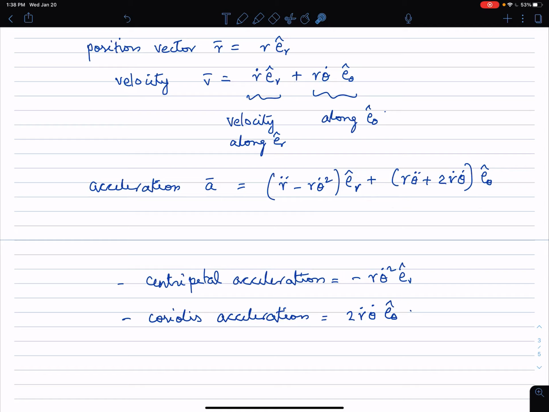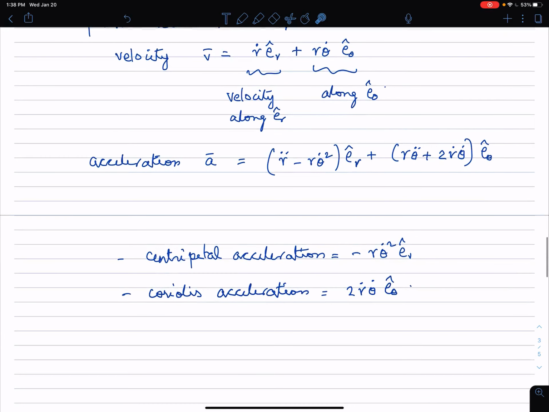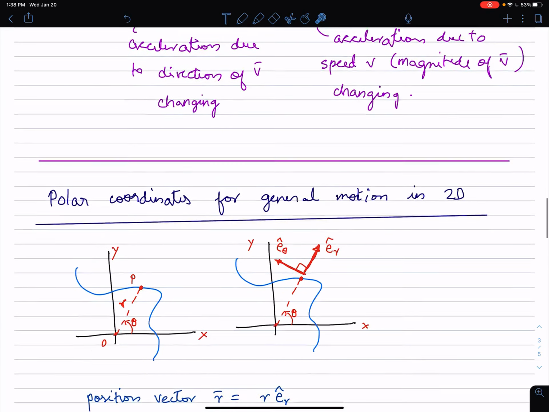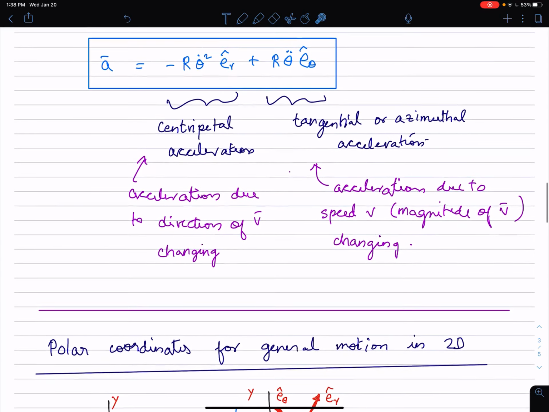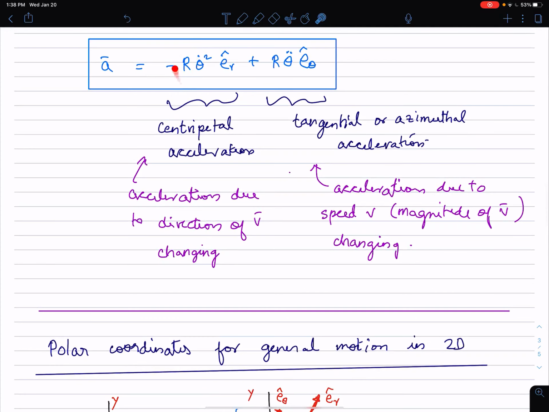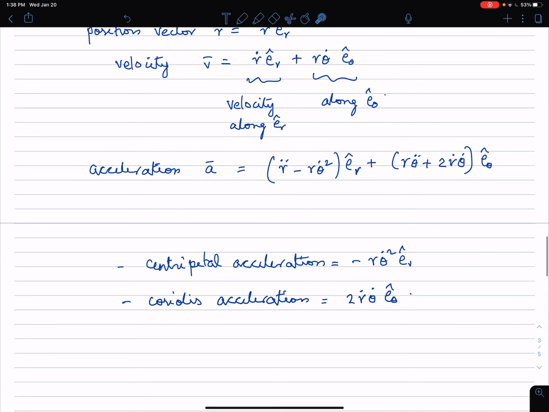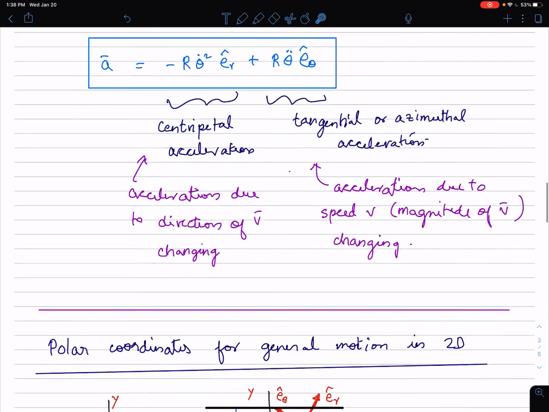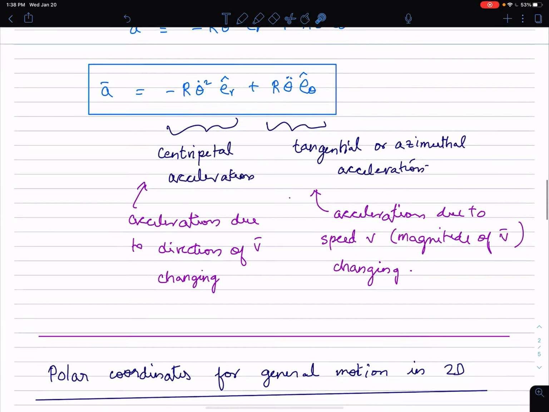Notice that unlike motion in a circle, where we use the uppercase R, here we are using lowercase r, to indicate that big R is actually a constant because you're moving in a circle.